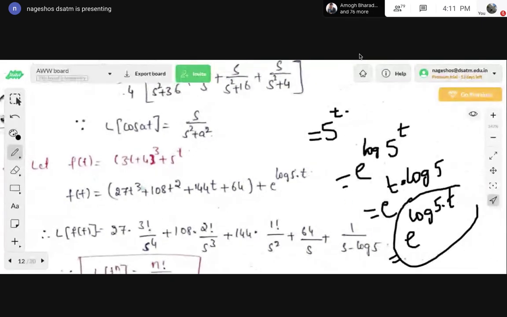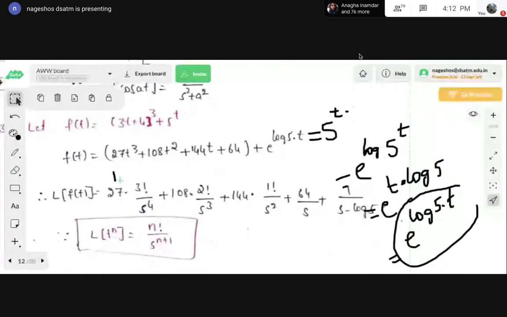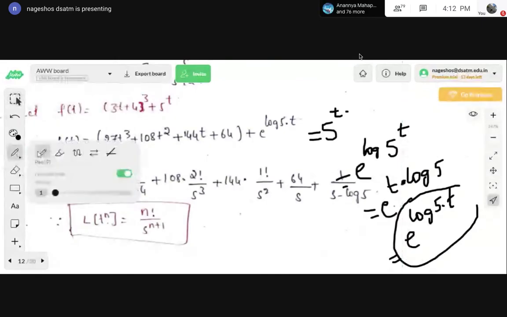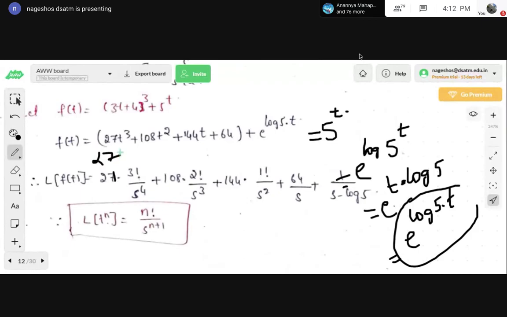Now I need the Laplace transform of this. 27 outside, the Laplace transform of t cube. This is the formula: the Laplace transform of t power n is n factorial divided by s power n plus 1.